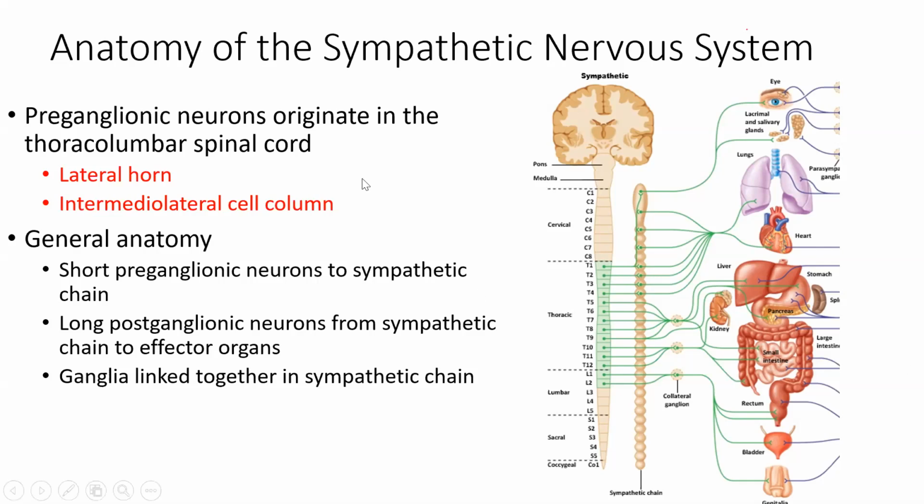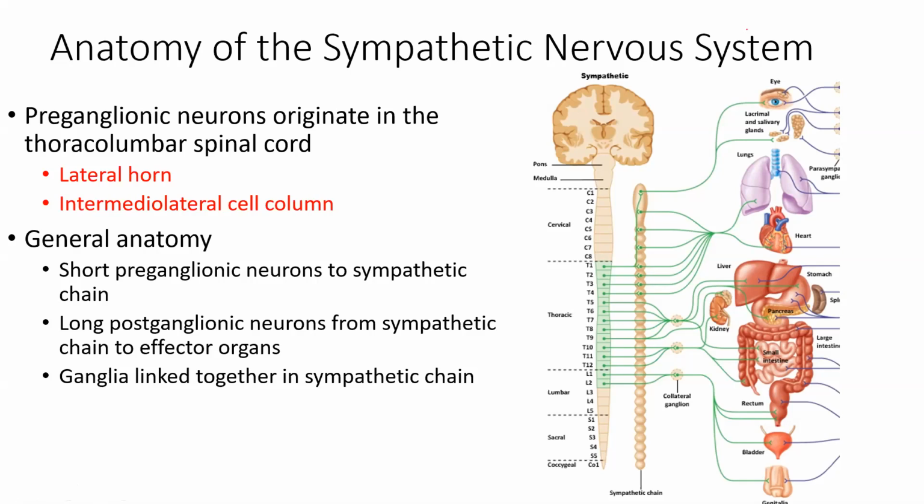Let me say that again. The first neuron, the preganglionic neuron, going from the spinal cord out to the sympathetic chain is a shorter neuron because the sympathetic chain is right next to the spinal cord. The second neuron, the postganglionic neuron that goes from the sympathetic chain out to these various organs, is a much longer neuron.